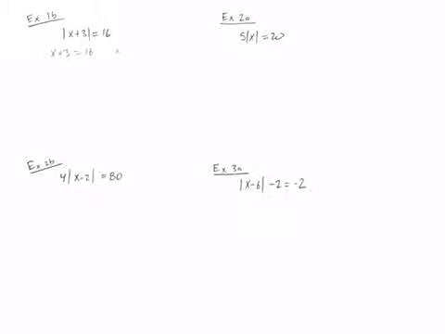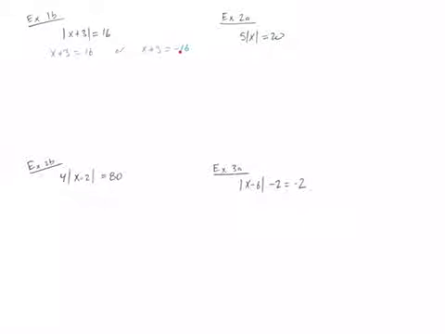Or x plus 3 is equal to the opposite, negative 16, right? Because if this came out to be 16, whenever I plug 16 into the absolute value, it would come out to be 16. Or if x plus 3 came out to be negative 16, if I plugged that in here, negative 16 would also come out to be positive 16.